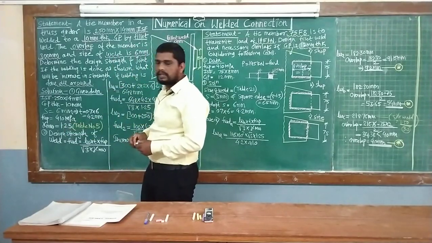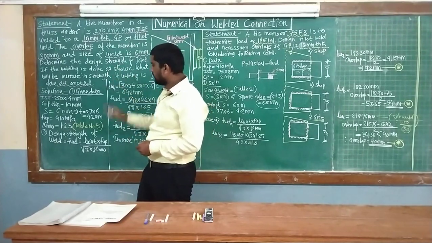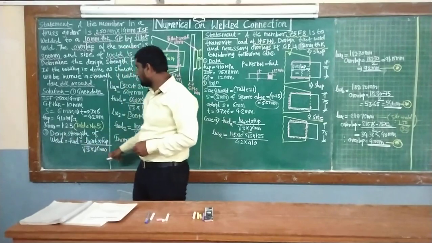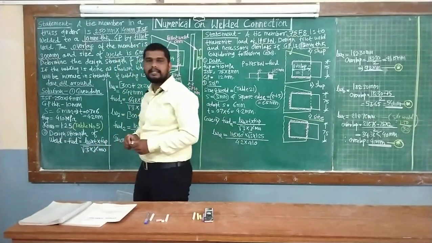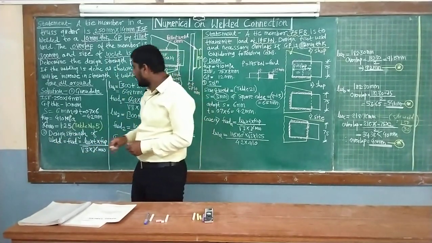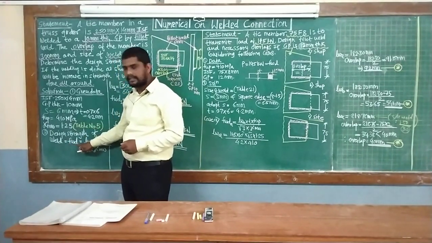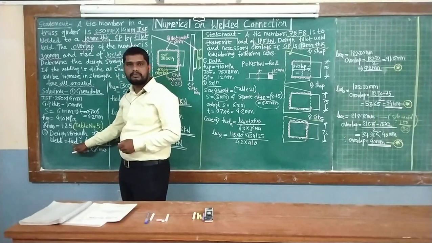After noting down the given data from this statement, the second step is to design the weld. Design strength of weld is denoted by F suffix WD, where D stands for design, W stands for weld, and F stands for strength.